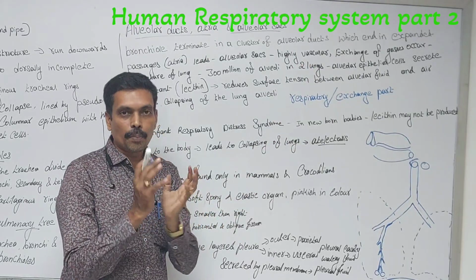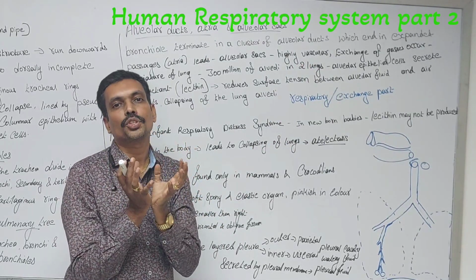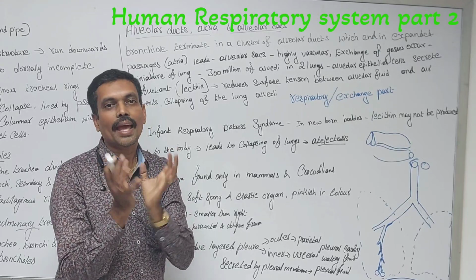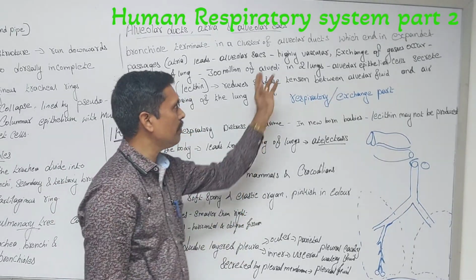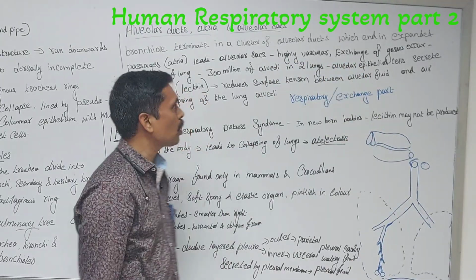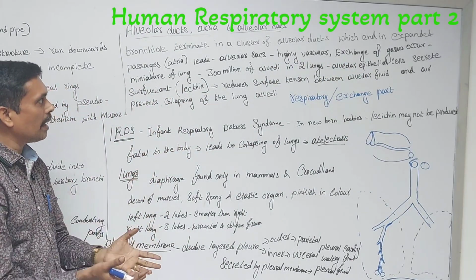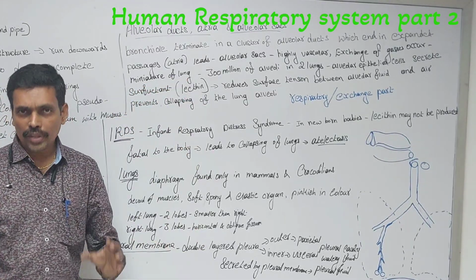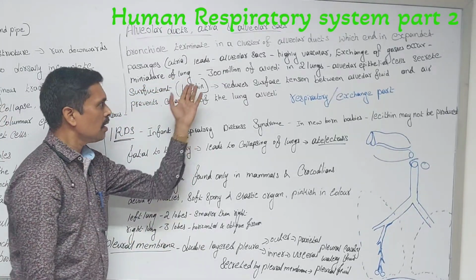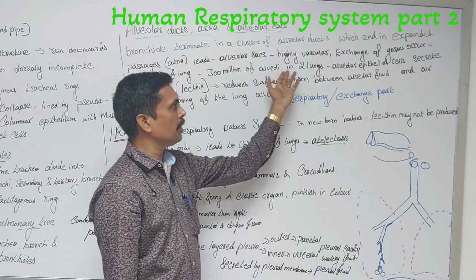When we take a ball, the ball is surrounded by a net. Like that, the alveolus is surrounded by blood vessels, so it is highly vascular, and the exchange of gases occurs in this alveolar sac. So the alveolar sac is known as the miniature of the lungs. In the two lungs, there are 300 million alveoli.